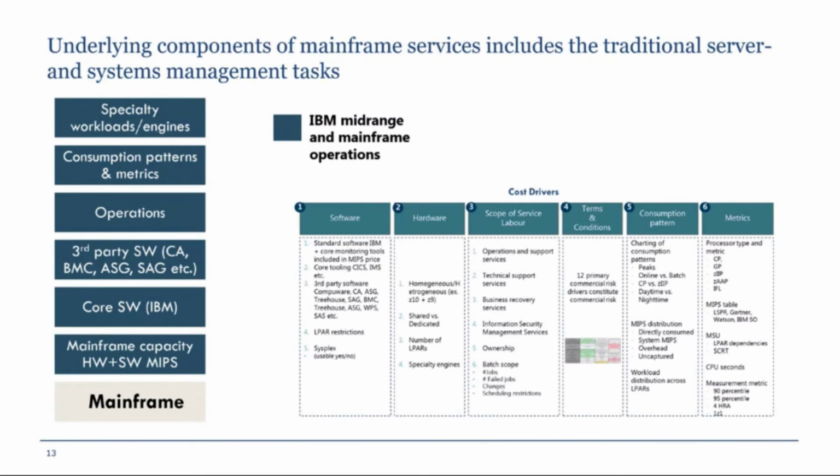There are some big decisions in terms of RFPs. What kind of restrictions are we imposing on the vendors? Shared versus dedicated machines. Can we consolidate the number of LPARs and so on? Some of that dictates the overall cost level.